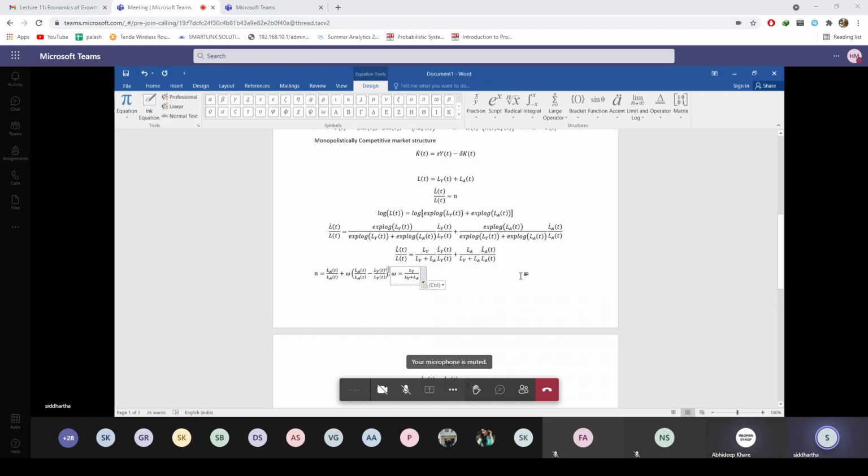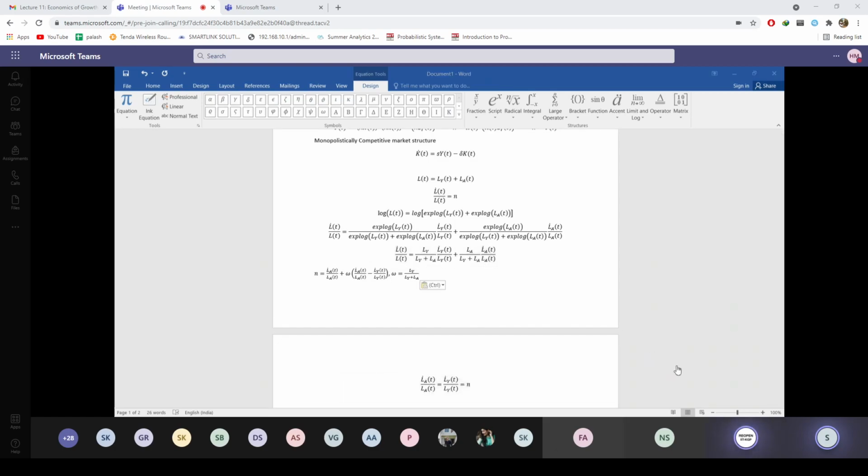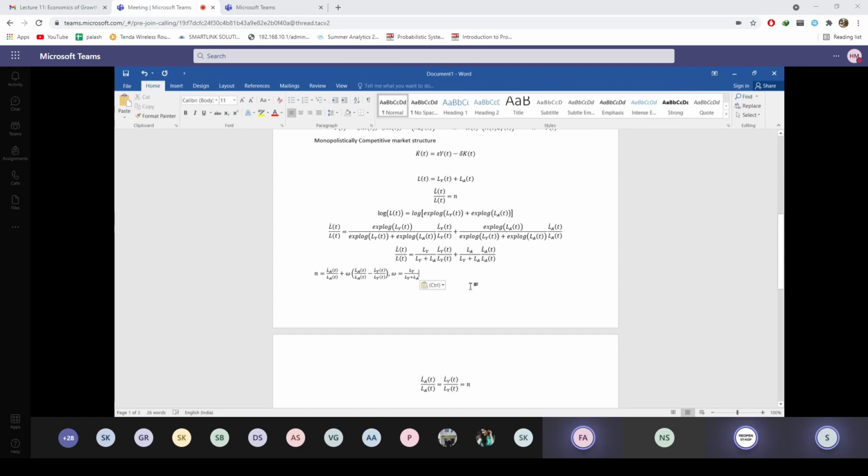Nothing else. Sir, as we open the bracket, we'll get 1 plus omega times La dot by La. If this is omega, this is 1 minus omega. Yes, sir. But in the n equation, we are getting 1 plus omega La dot by La if you open the brackets. Okay, so if this is omega, this is 1 minus omega.